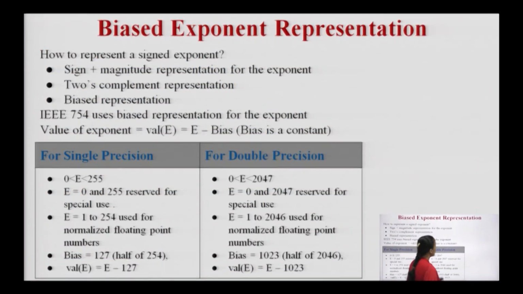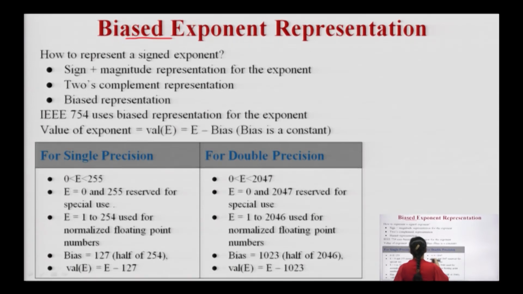Then what was this bias? How is this being calculated? This bias is to represent the signed exponent. Actually, we are not reserving any bit to represent a positive exponent or a negative exponent.